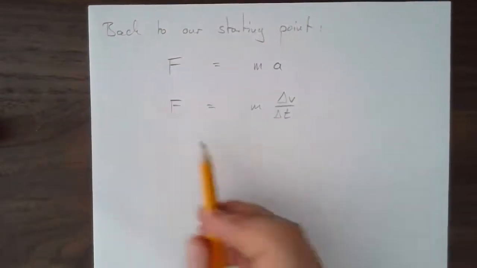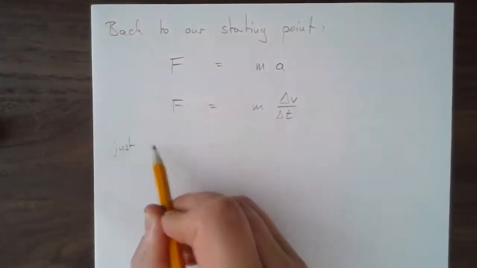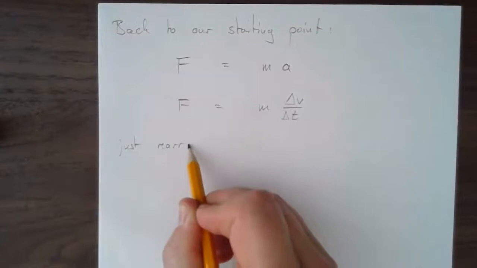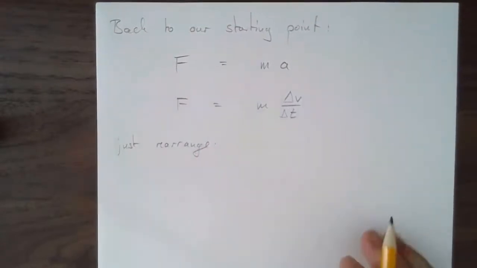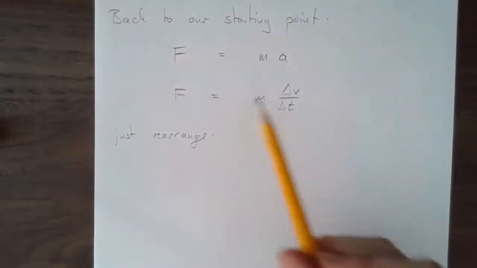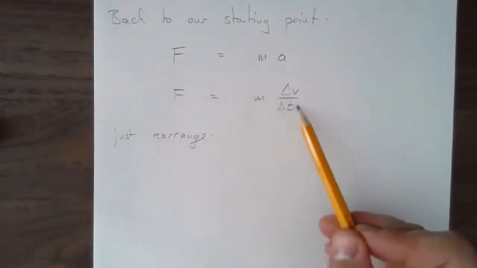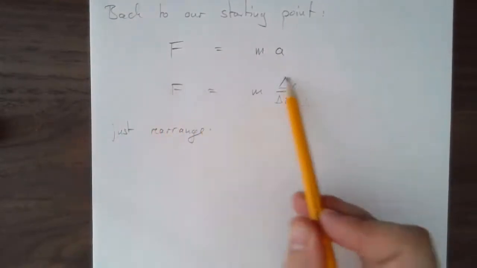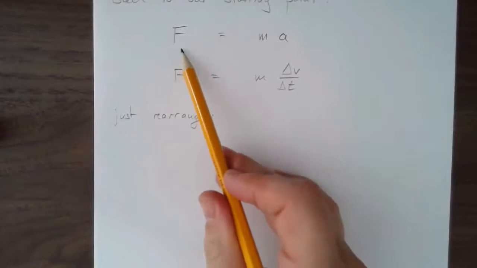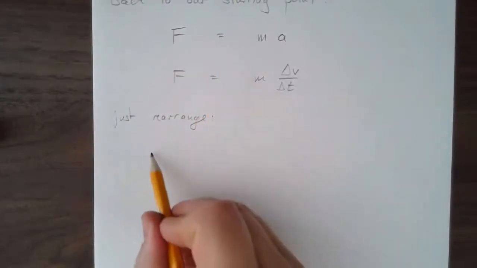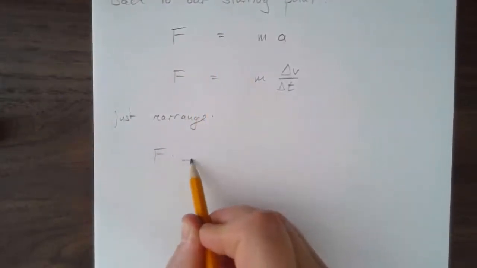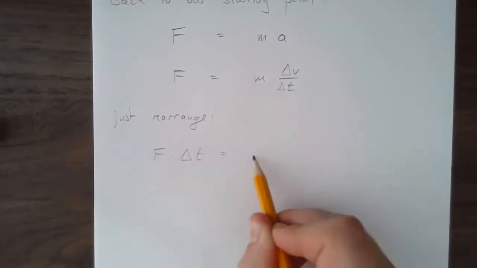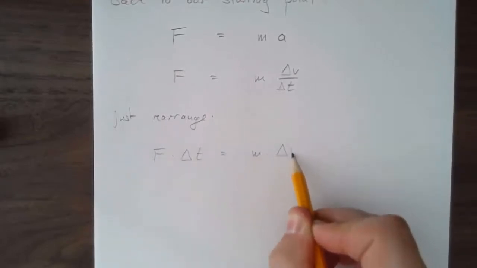So I can just take this and rearrange it by taking the delta t to the other side. Before we had Newton's third law and we cancelled that out, but if we're just looking at one object, we apply it to Newton's second law and we can rearrange to get F times delta t. That's m times delta v.